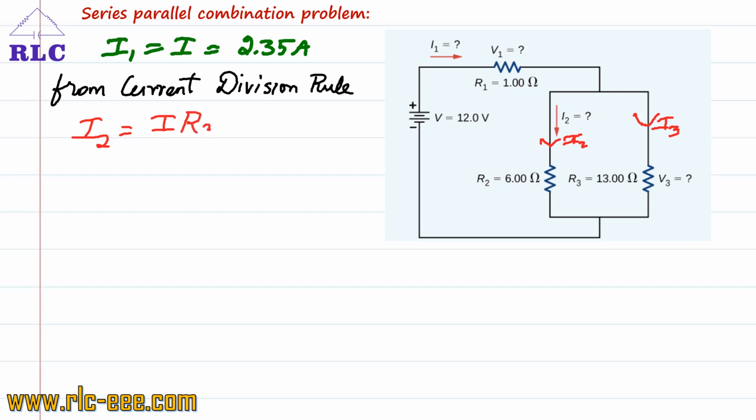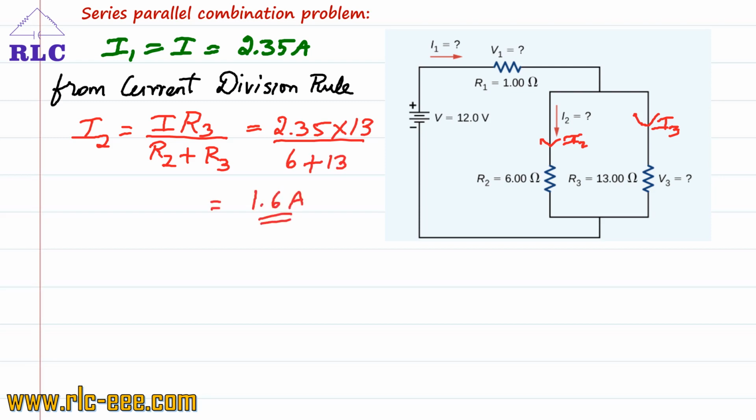So R3 divided by total resistance in that particular branch, that is R2 and R3. Just substitute all the values: 2.35 into R3 value, 13, divided by 6 plus 13. How much will you get? 1.6 amps you will get.